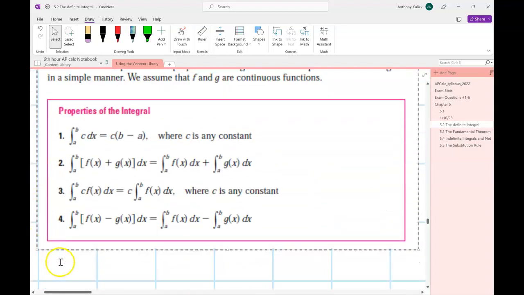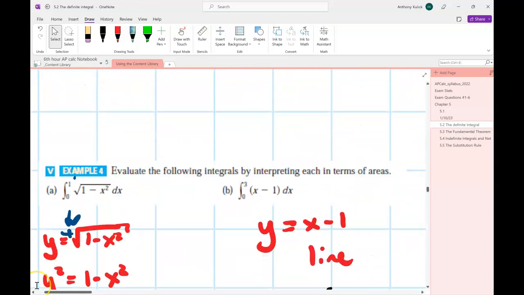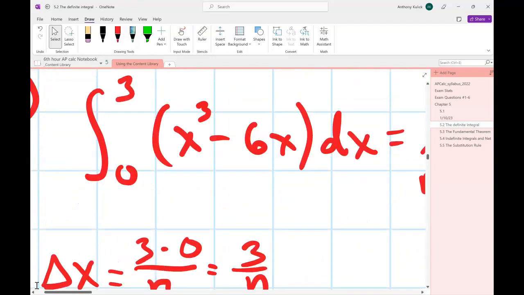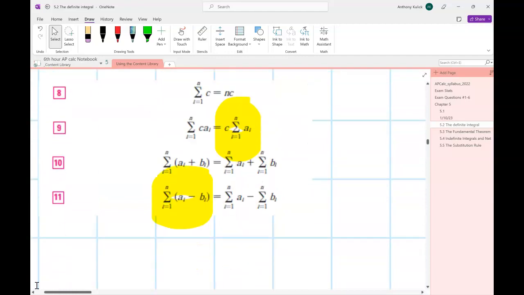And then we have these 4 properties of integrals. If I look at property 2, the integral of the sum of 2 functions, I can distribute the integral and evaluate each of the functions separately. What does this remind us of? We had the exact same property for sums, right?